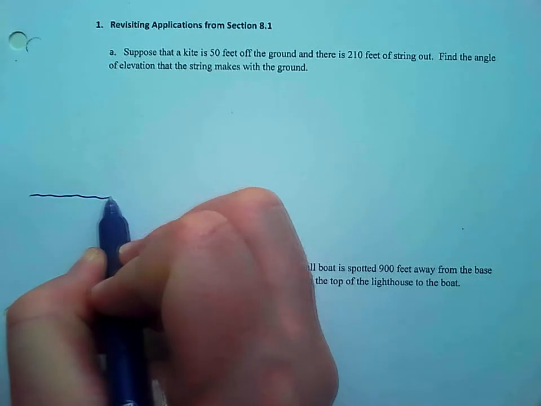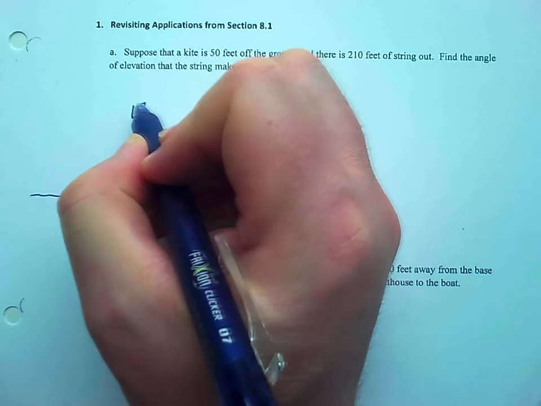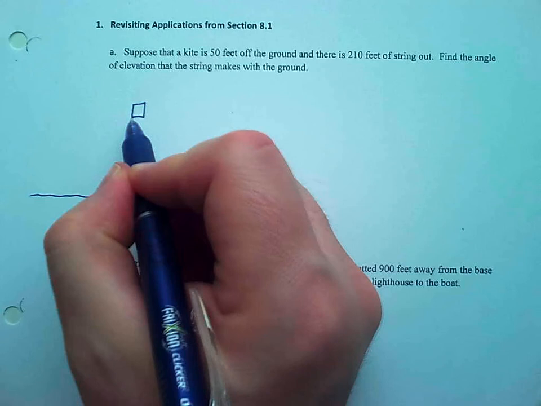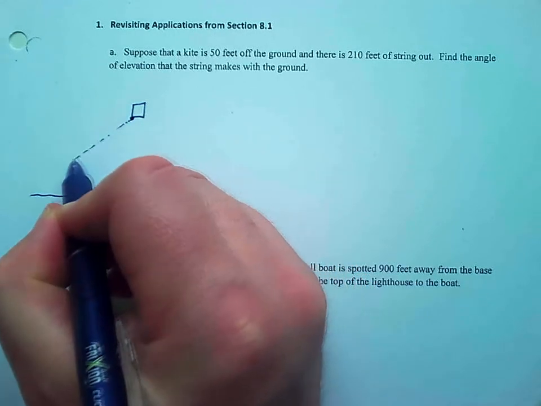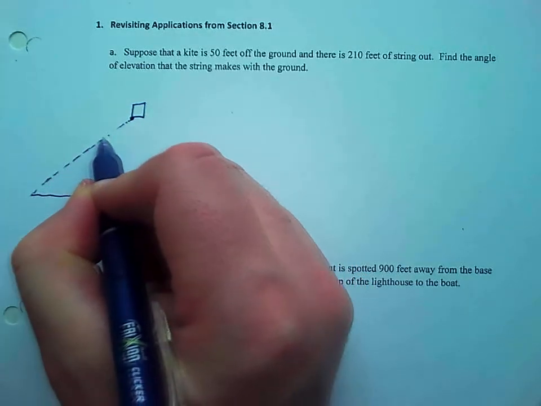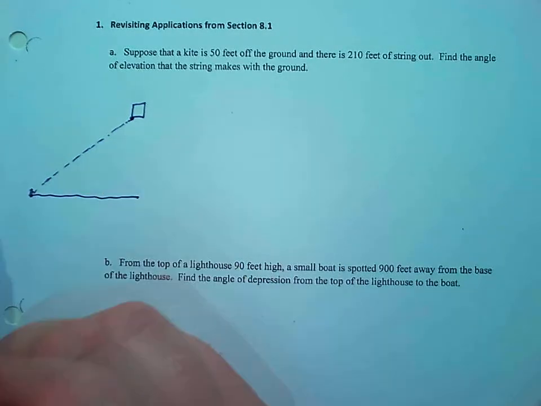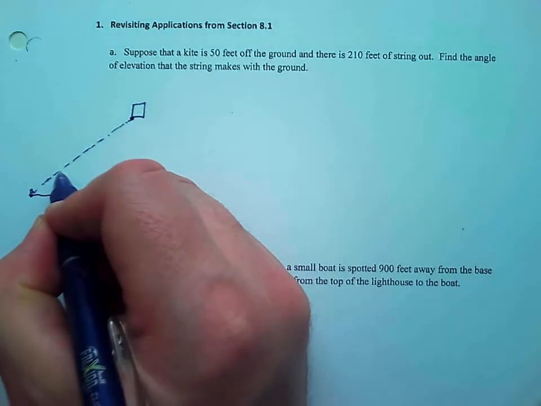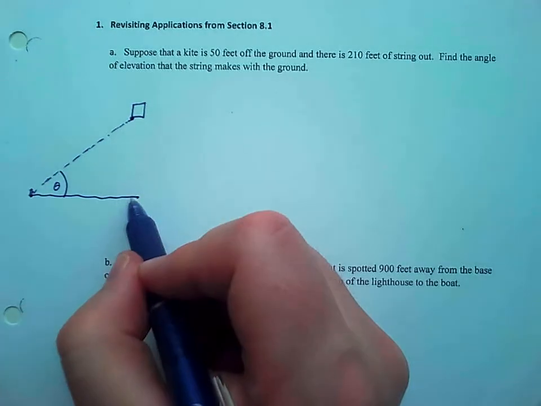Alright, so here we have the ground. Here we have our kite, an awesome rectangular shaped kite. And this kite has string that's attached to it. We'll say it's attached to the ground, or maybe this person's super small or something. And here is our angle of elevation.